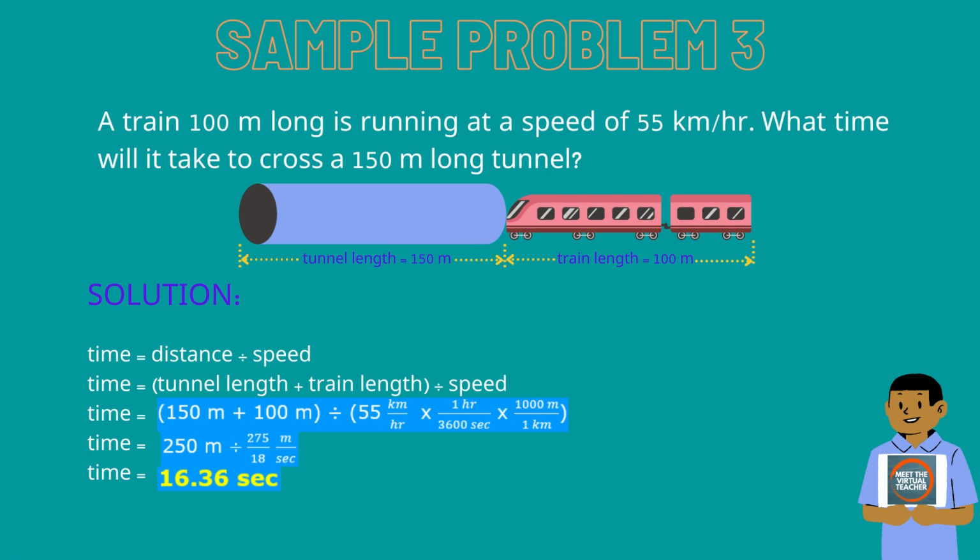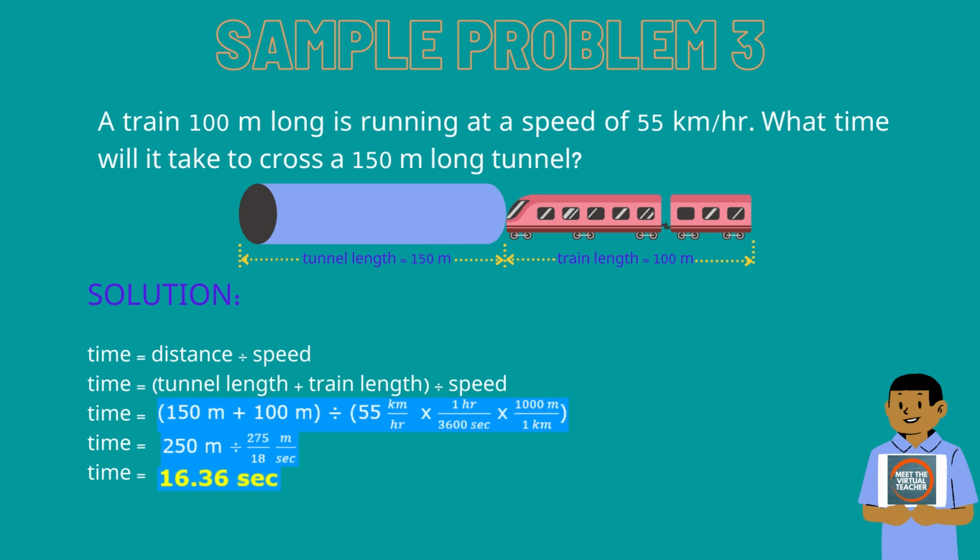So the distance will be the length of the tunnel plus the train length, divided by speed. So it will be equal to 150 meters plus 100 meters, because they need to cross the tunnel, so therefore the whole length of the train should pass through the tunnel. So we will add also the train length.